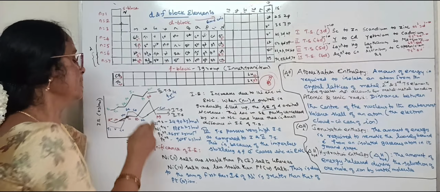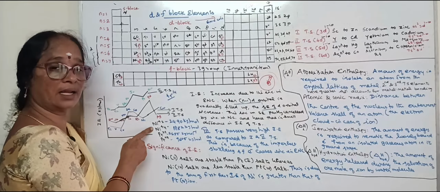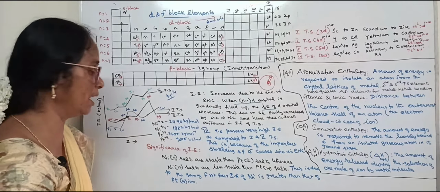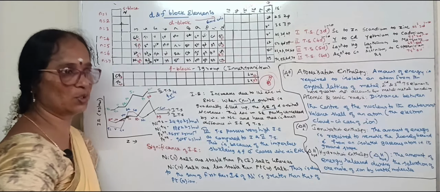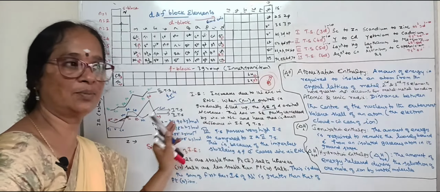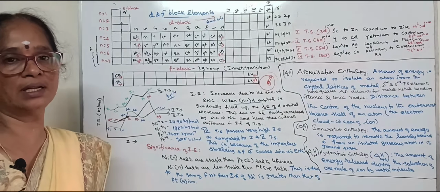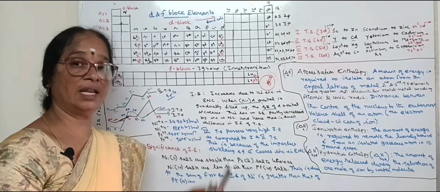That means initially it can lose either 2 electrons or 4 electrons. Similarly, platinum is also taken in its +2 and +4 state. So, the more times you remove an electron, the more the ionization enthalpy increases. And I told you the successive ionization enthalpies are very high.